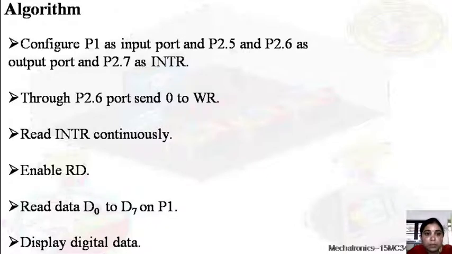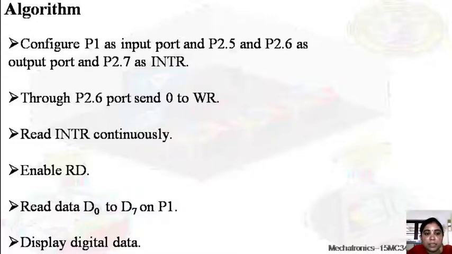The algorithm for interfacing of 8051 microcontroller with ADC 0804 goes like this. First we should configure port 1 pins to the data pins of ADC, and as I have already informed you, we are making use of port 2 pins for read, write and interrupt.